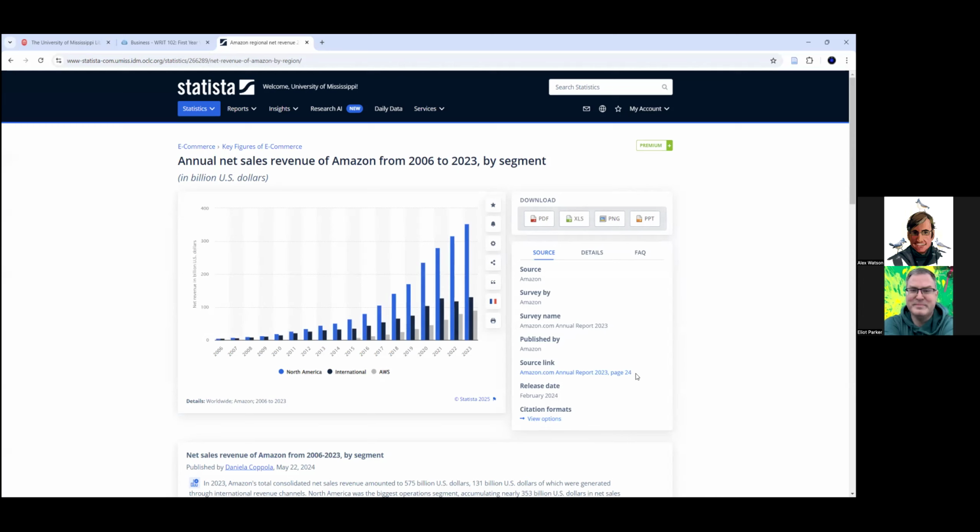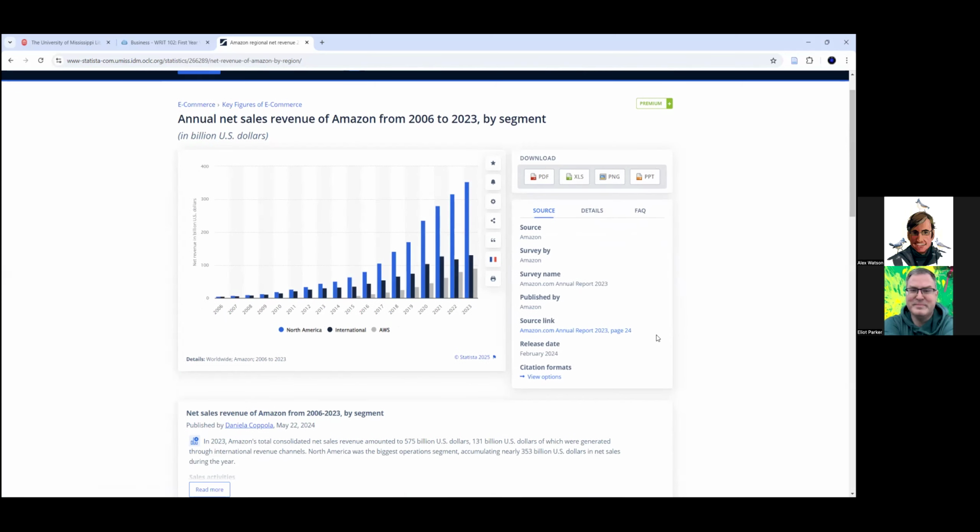And you can see that it is actually sourced from the Amazon.com annual report. In fact, if you want to read the annual report, you can click on this link. One of the nice things about these, oh, look at that. It's even available in French.